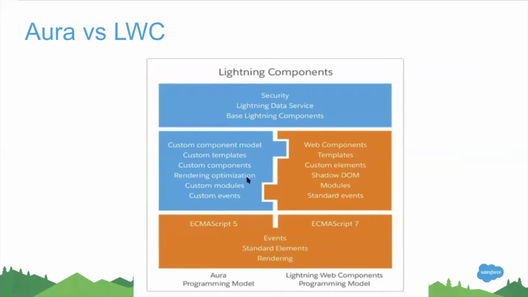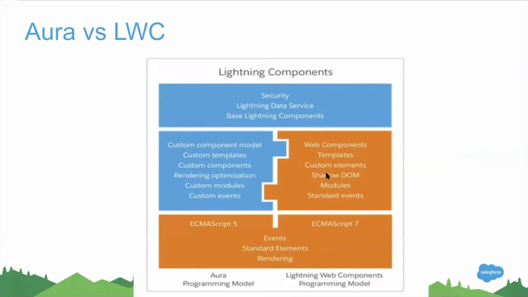Whatever we discussed in earlier slides, all of these are built in Aura. Whatever you're seeing in blue is built on top of browser standards by Salesforce in the Aura framework. Whatever you are seeing in light orange is supported by the browser.